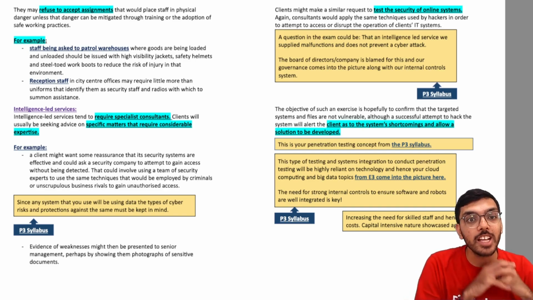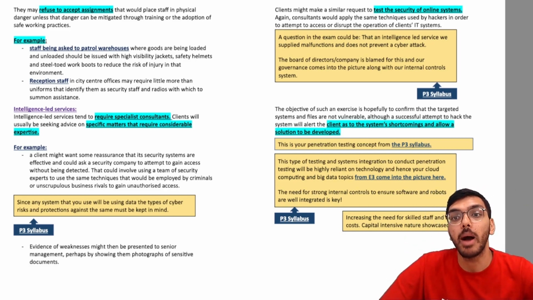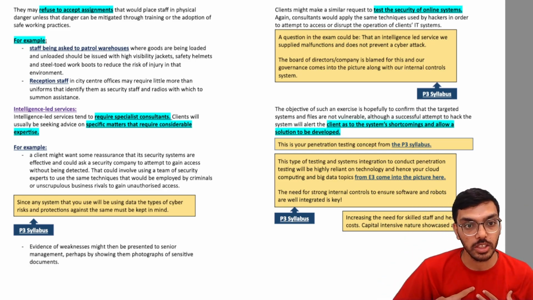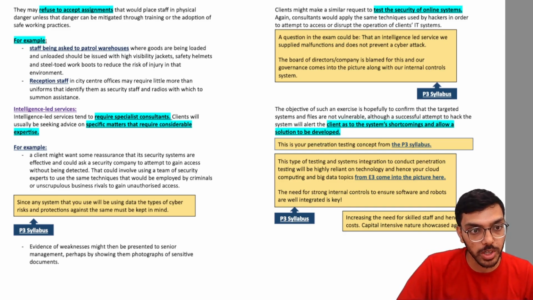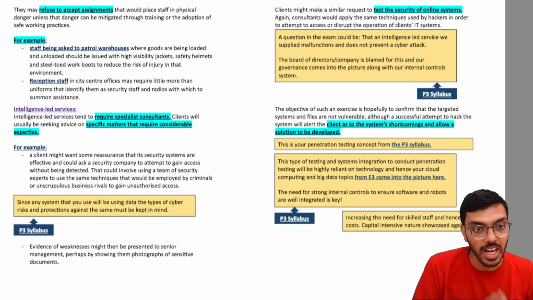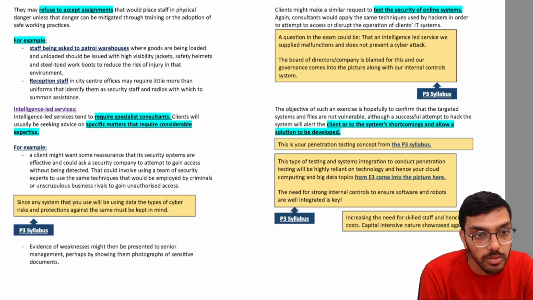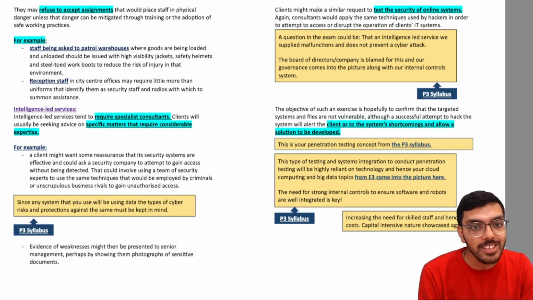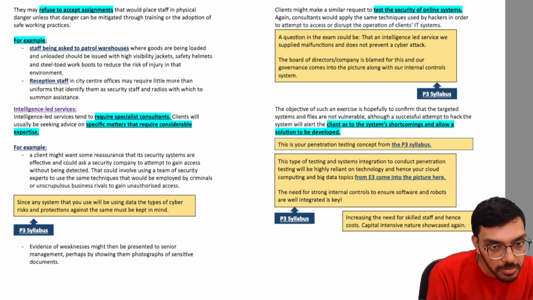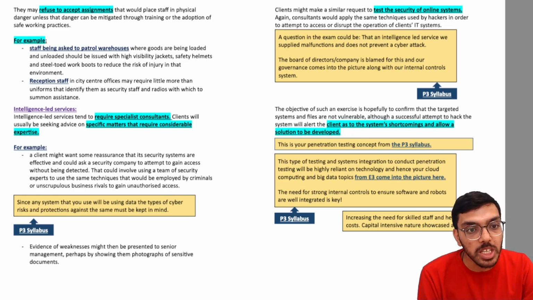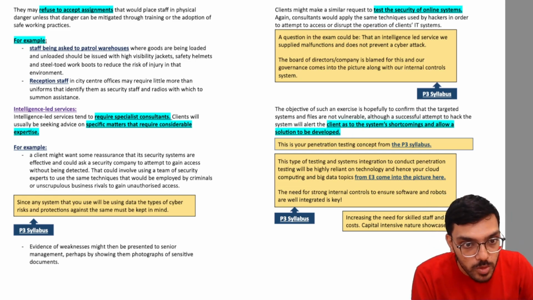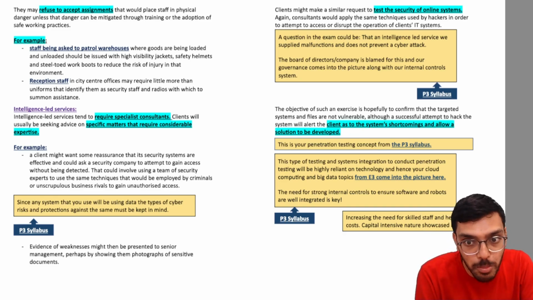So having expert consultants part of your organization will be very, very important. For example, a client might want some reassurance that its security systems are effective and could ask a security company to attempt to gain access without being detected. That could involve using a team of security experts, using the same techniques which criminals would use. But for that, you'll need those experts, right?